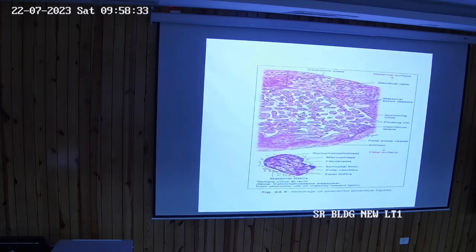Now another thing, placenta. The placenta is a temporary organ which connects the fetal blood vessels, which are the branches of the umbilical arteries, to the mother's blood vessels.